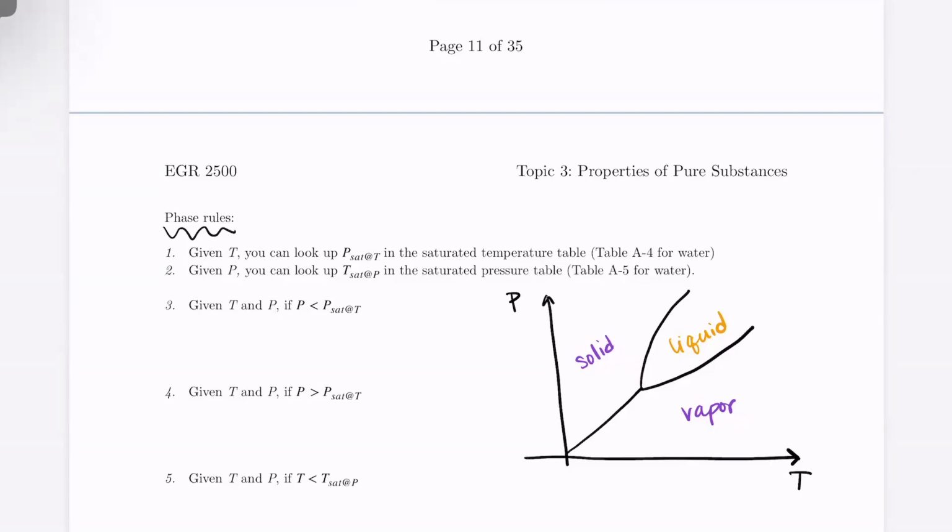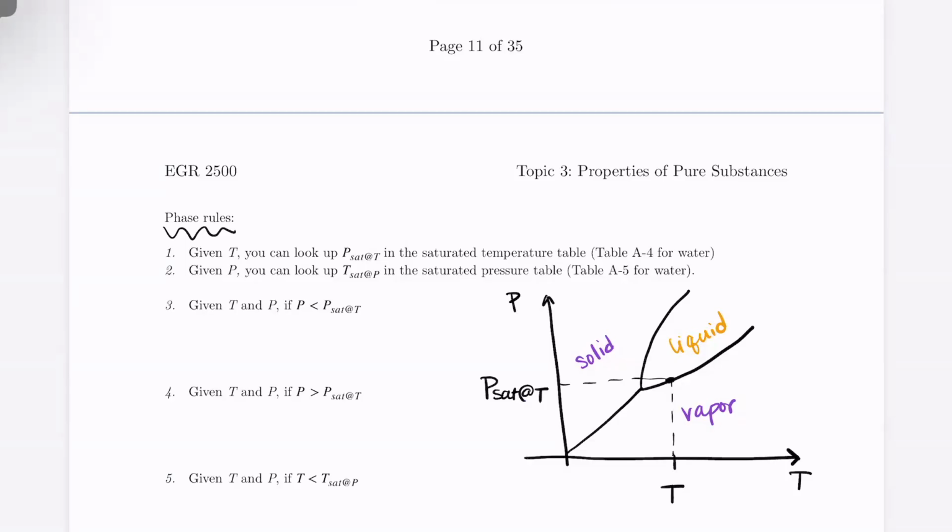So for example, if we're given T, make this dashed. So if this is T that we're given, that means that this intersection point, this is P sat at T.